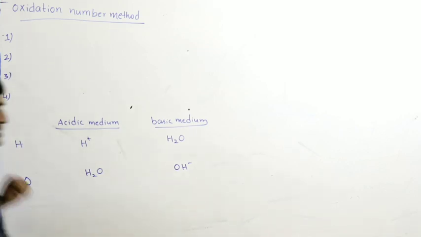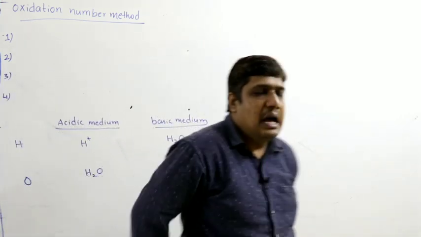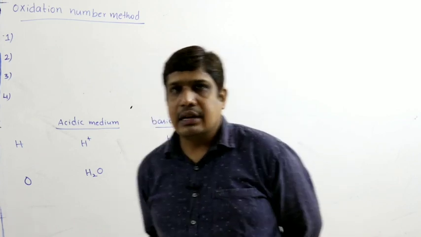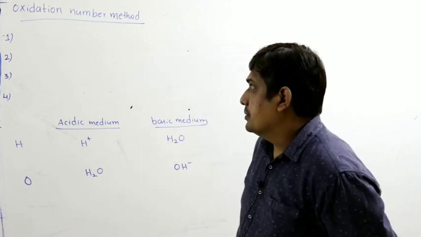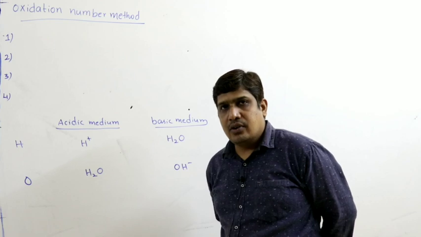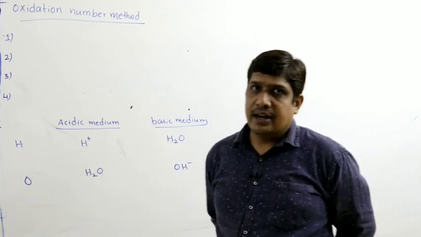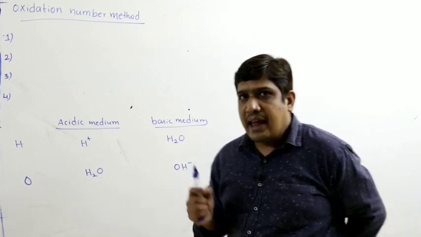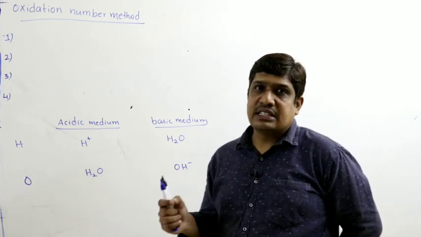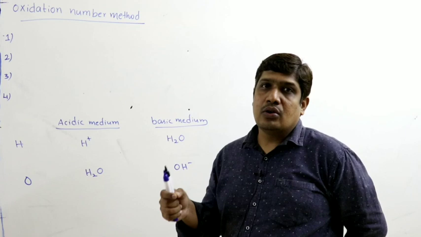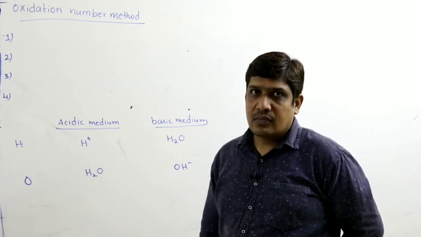So let us recollect once again the oxidation number method. Write the correct formula for reactants and products. Then assign oxidation state for all atoms. Identify the species which undergoes oxidation and reduction. Third one, calculate the change in oxidation state per atom and molecule or ion. Right?